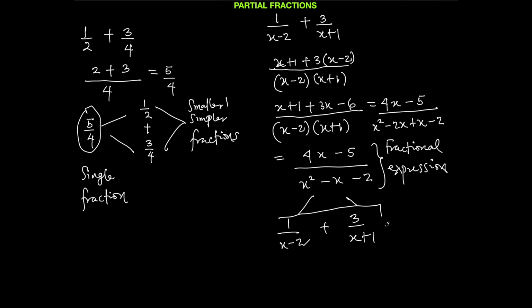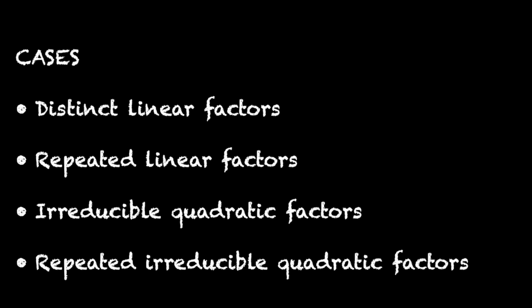These fractions are referred to as partial fractions. So what we are basically learning in this topic is the process of decomposing a much larger expression like this into simpler ones. There are 4 possible cases. You can have distinct linear factors, repeated linear factors, irreducible quadratic factors, and repeated irreducible quadratic factors.